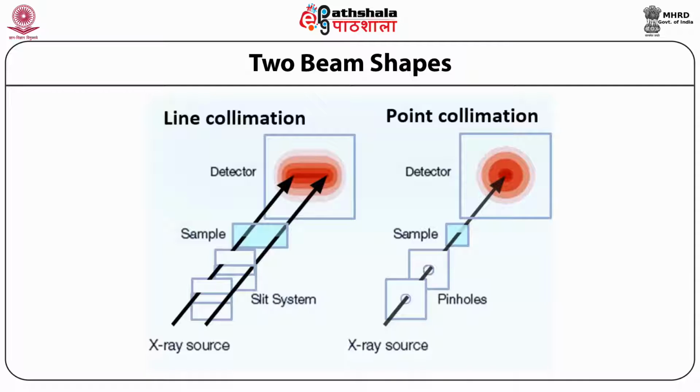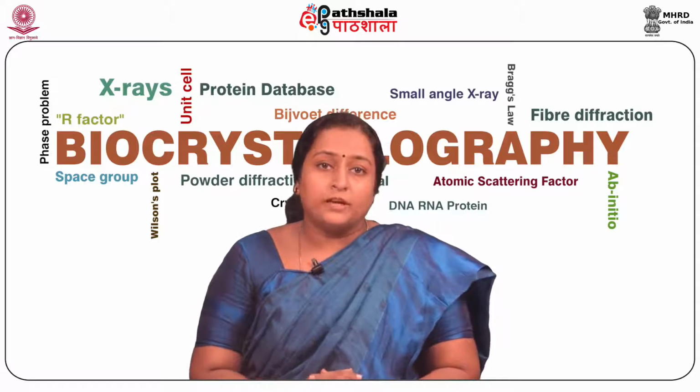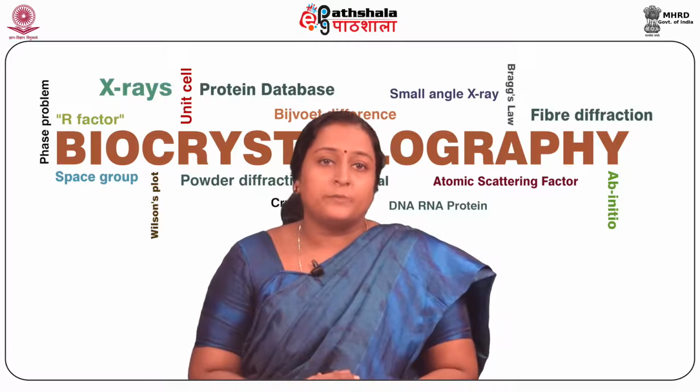Point collimation is a very good choice for analyzing oriented samples, solids with inhomogeneous structures, as well as nanostructured surfaces by GI SAXS. One needs both collimation modes in order to optimally cover the entire range of potential small angle scattering applications.